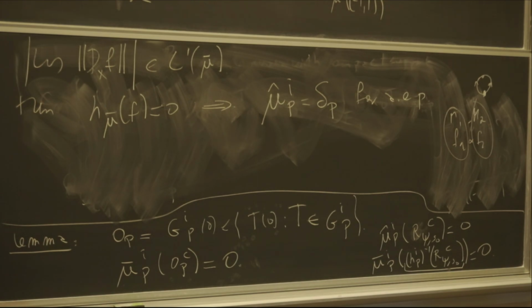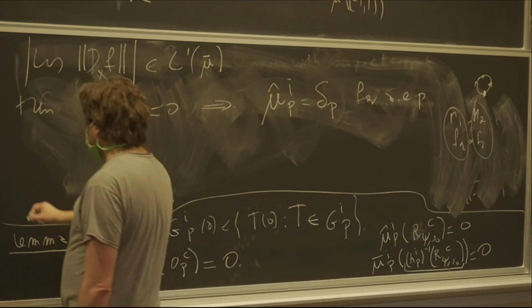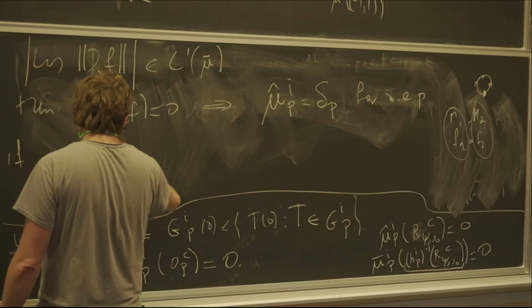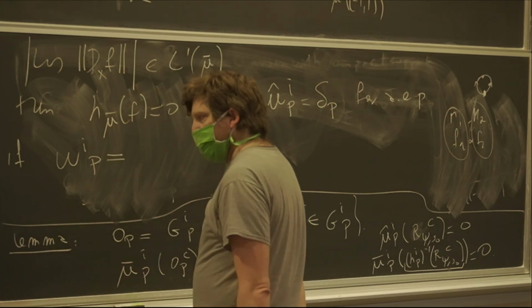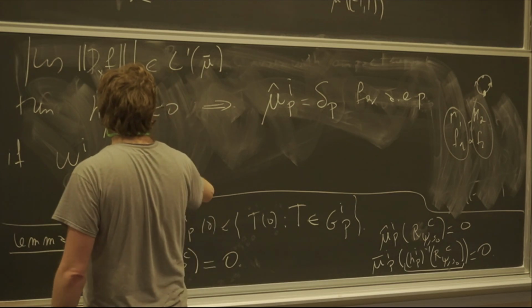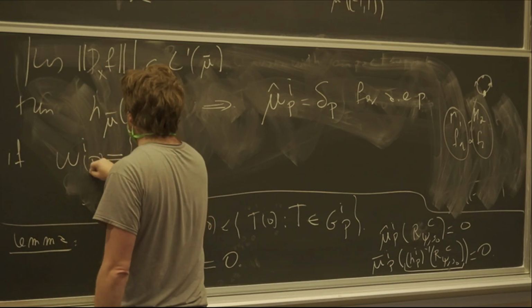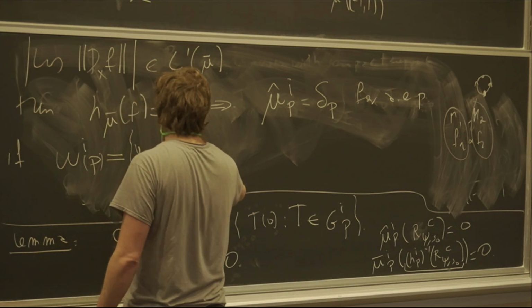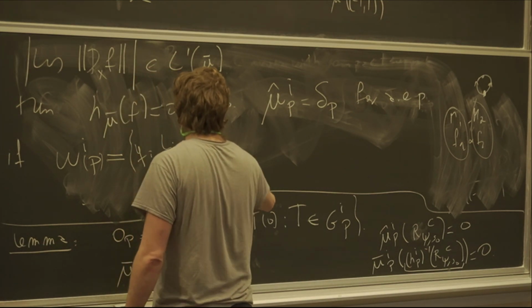Or maybe not. Okay, I think I need the other one as well. So if WIP is actually equal to this definition, the Q's such that this limit as n goes to minus infinity holds.